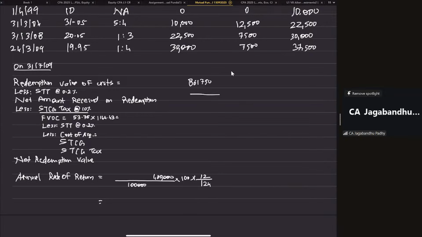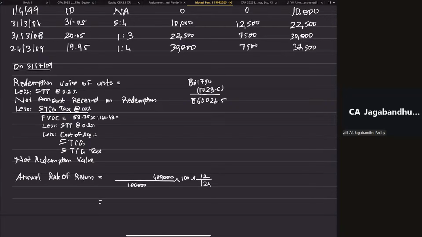And then on that you pay an STT of 0.2%. 861,750 into 0.2% is 1,723.5. So we are left with 8,60,026.50.